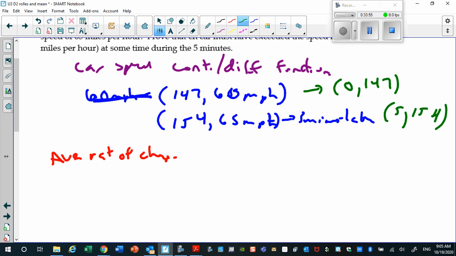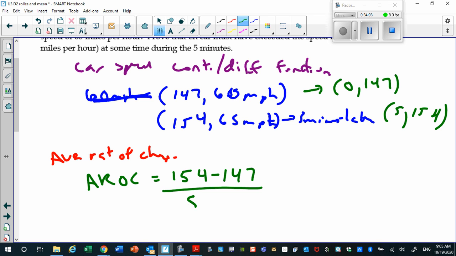There's the actual ordered pairs. So the average rate of change, the AROC, is 154 minus 147 over 5 minus 0. By the way, this is miles and this is time, and this is minutes. So this is 8 over 5. This is miles per minute.